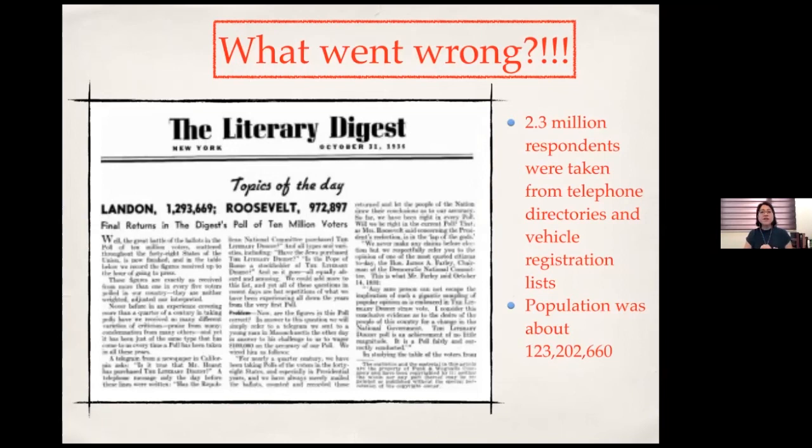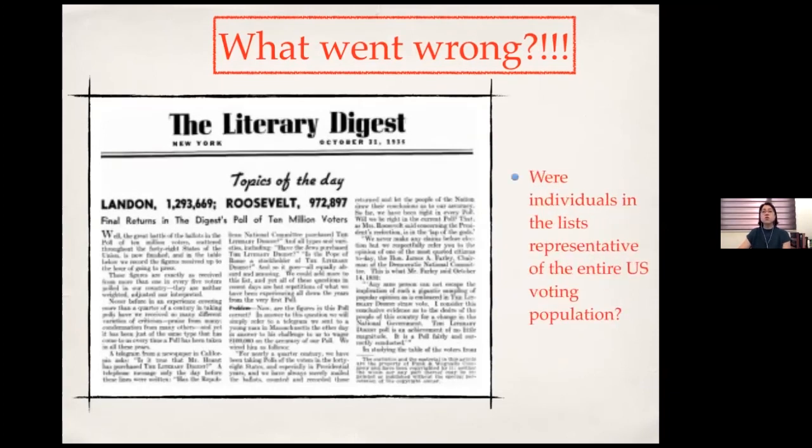So apparently, their sample did not reflect the entire population of the US at that time. They did not take into consideration the Black Americans, the African Americans, the Asians, a small population at that time, who would not have had telephones in their houses or vehicles.